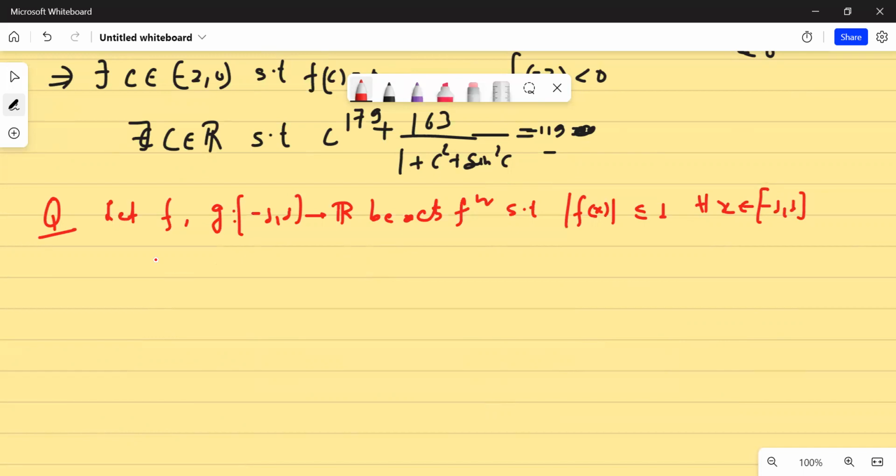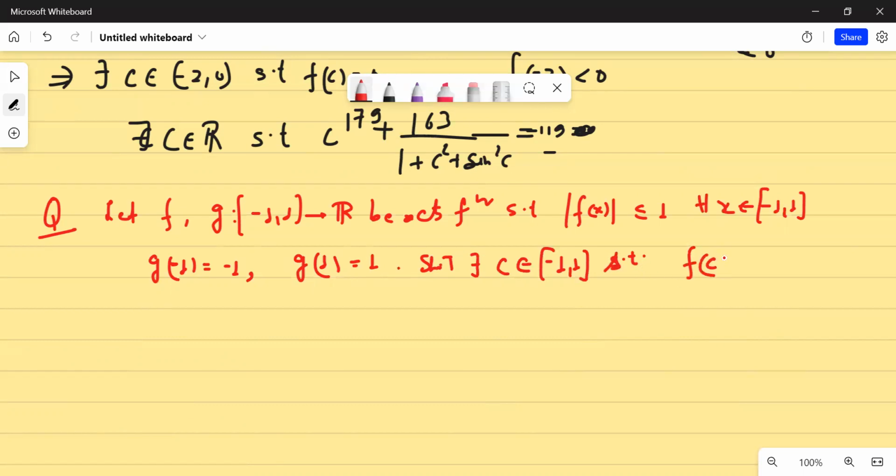And given that g of minus 1 is equal to minus 1 and g of 1 is equal to 1, show that there exists c belongs to the closed interval minus 1 comma 1 such that f of c is equal to g of c.